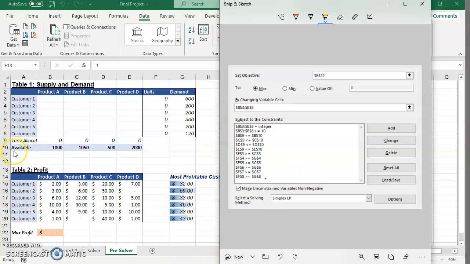The inventory: the total amount allocated of product A, B, C, or D cannot exceed the inventory available. So in my constraints, I would have B9 must be less than or equal to B10, right? And I have all of them here for all 4 products.